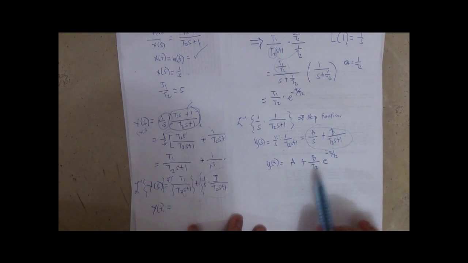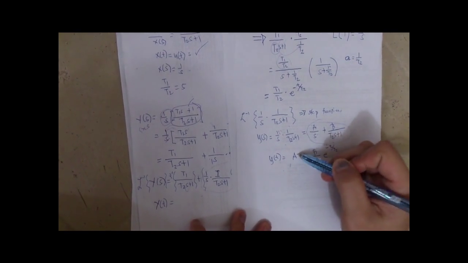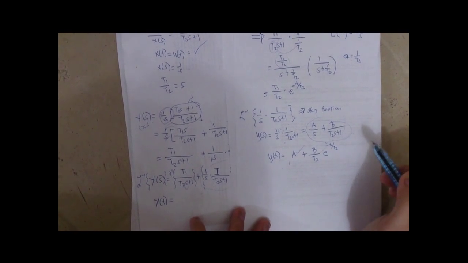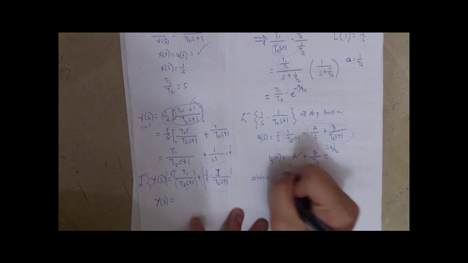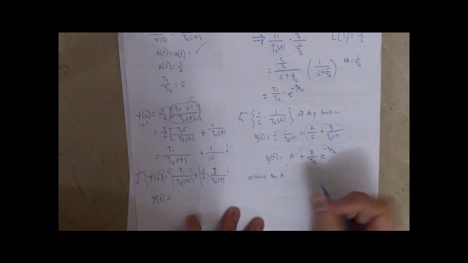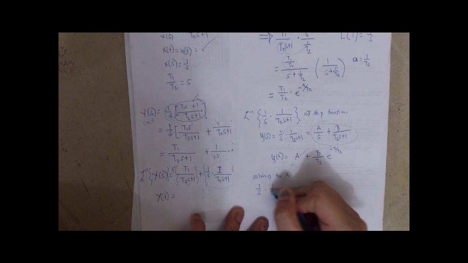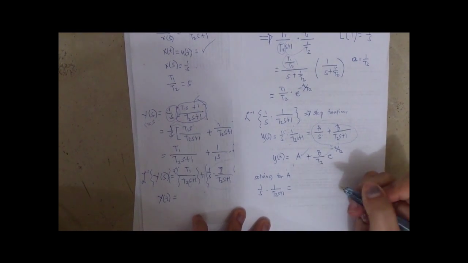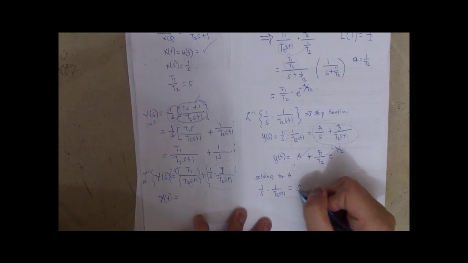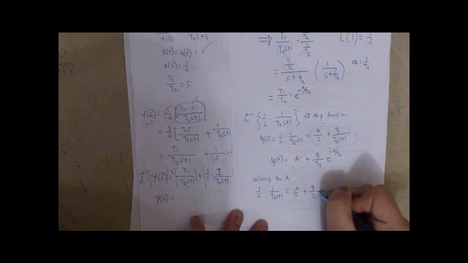To get the complete solution, we need the values of A and B. Solving for A, we equate it to the original equation: 1 over s times 1 over (T2 s plus 1) equals A over s plus B over (T2 s plus 1).